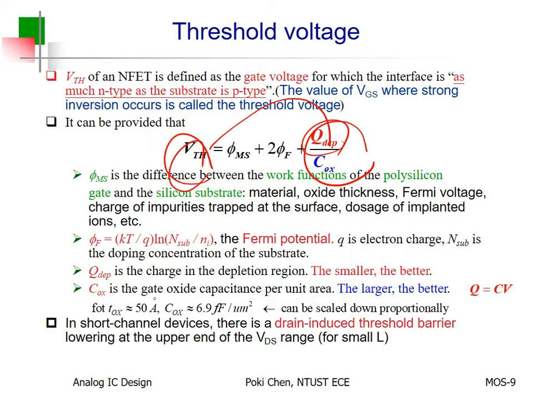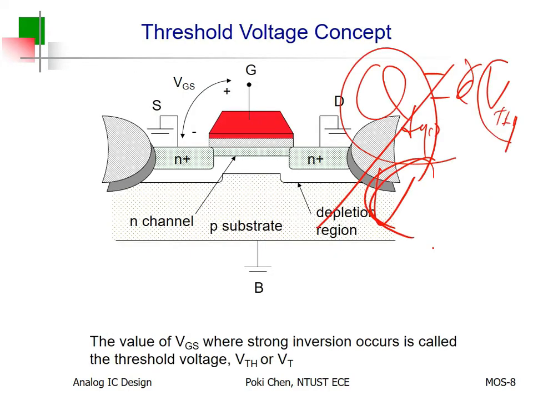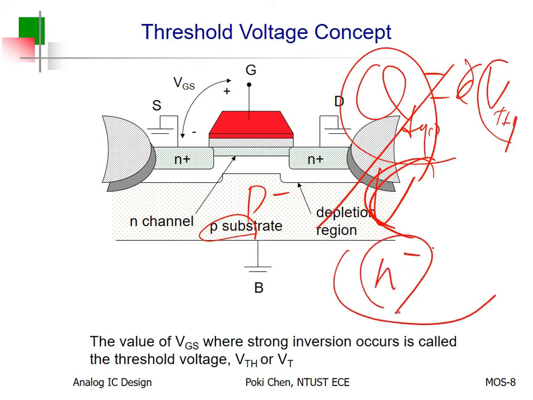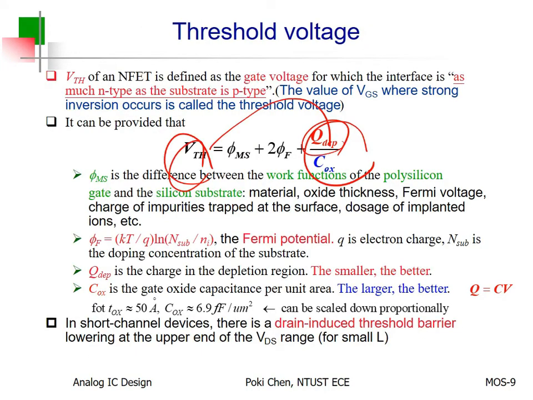越轻掺杂，越容易导电. And this is the reason why we have P minus for the substrate and N minus for the N well. Okay? That is the very fundamental requirement for such a CMOS process. Then, if you try your very best to reduce the doping concentration, what else can you do? Oh, we can increase the capacitance of the gate oxide.